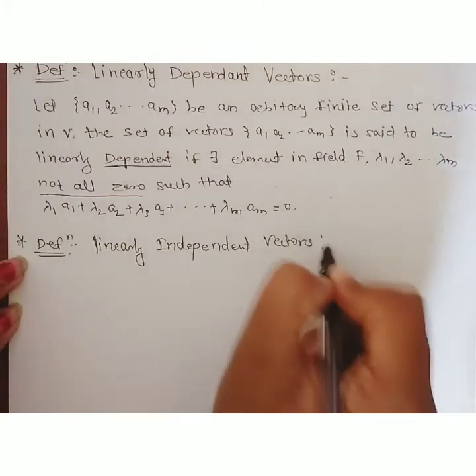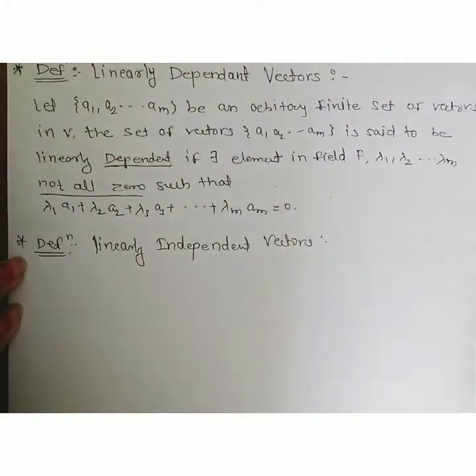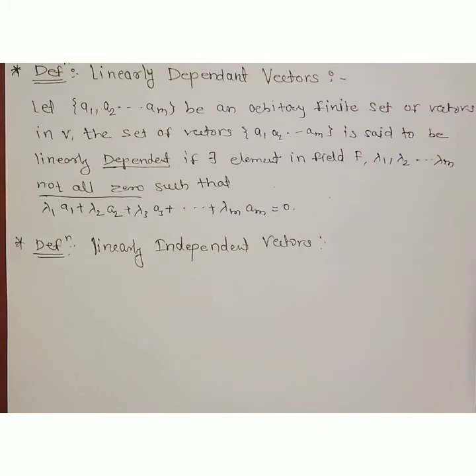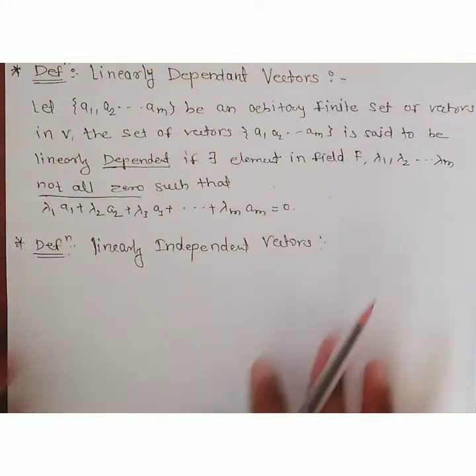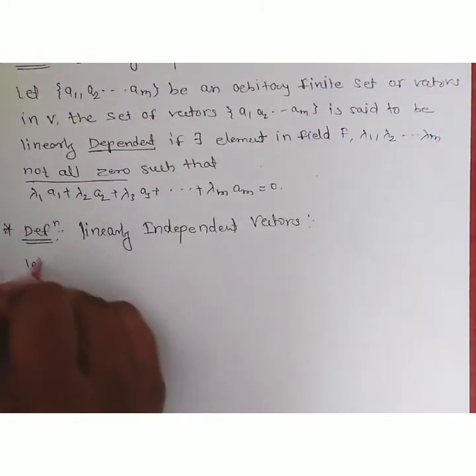Okay, now the next definition is linearly independent vectors. So what is the definition? This is the converse of the linearly dependent set.